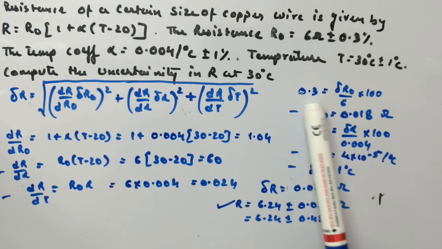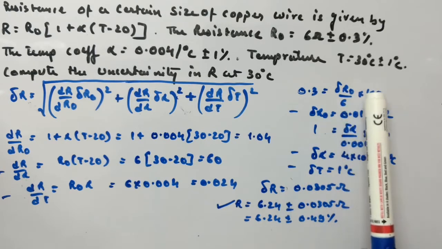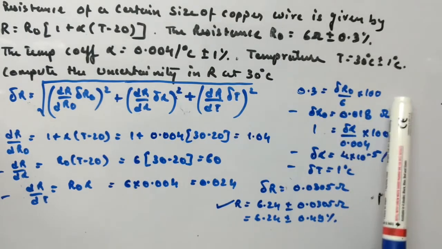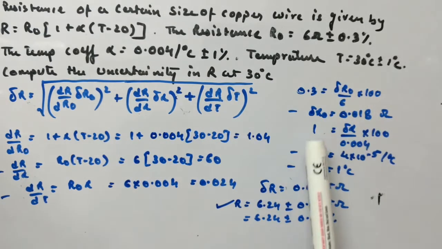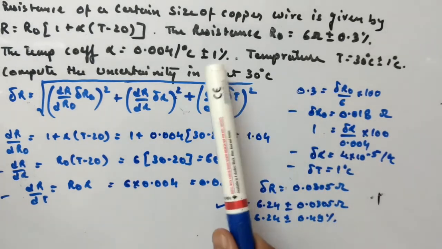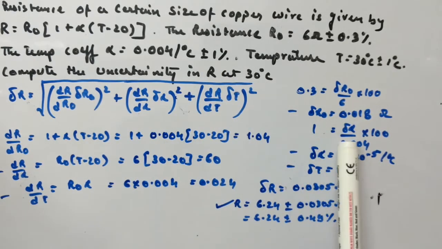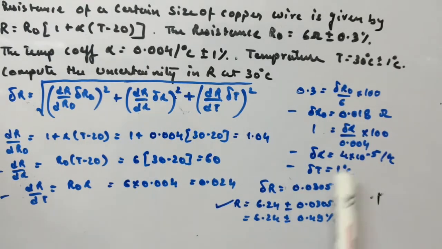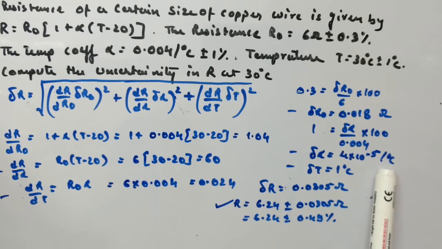So 0.3 percentage is del R0 divided by 6, the true value, into 100, that will give you del R0 in ohms, that is 0.018. Similarly, 1% will be equal to del alpha divided by 0.004 into 100, that will give del alpha equal to 4 into 10 power minus 5 per degree Celsius. This is in ohm per degree Celsius.